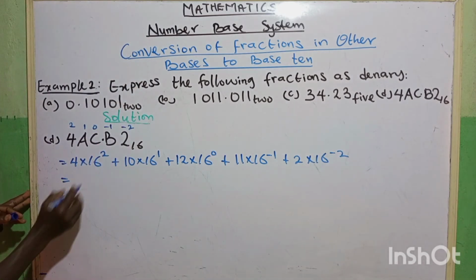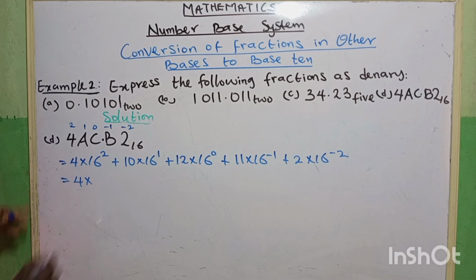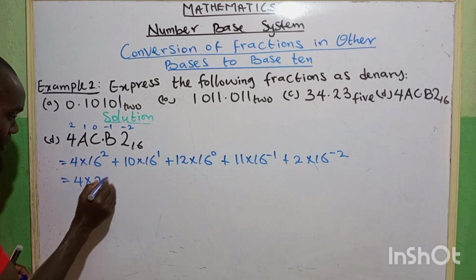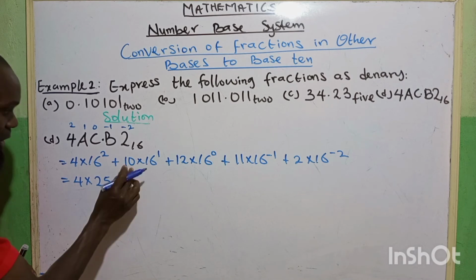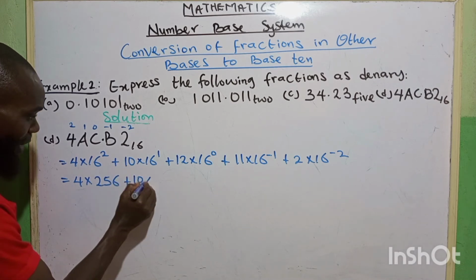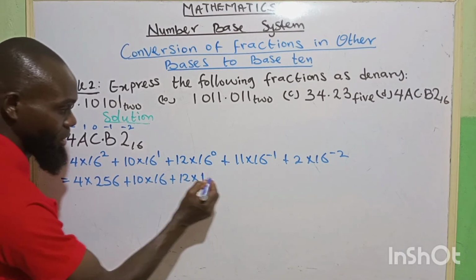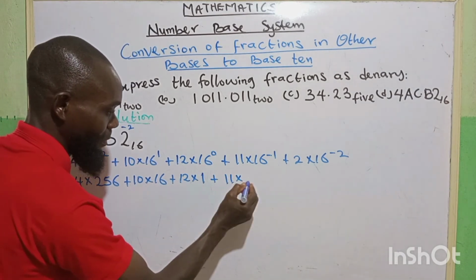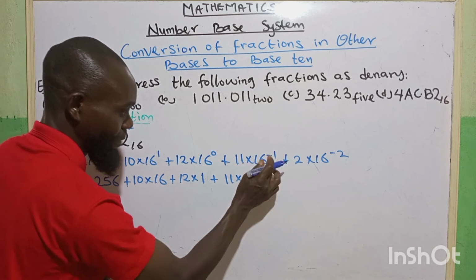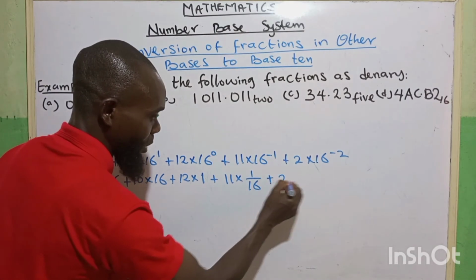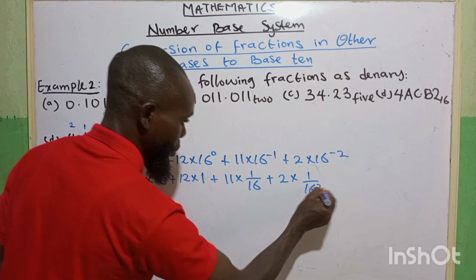So we have 4 times, when you multiply 16 by 16, we have 256, plus 10 multiplied by 16, plus 12 multiplied by anything raised to power 0 is 1, plus 11 multiplied by 1 over 16, this minus changes to 1 over, plus 2 multiplied by 1 over 16 raised to power 2.